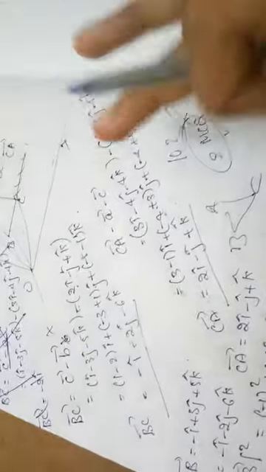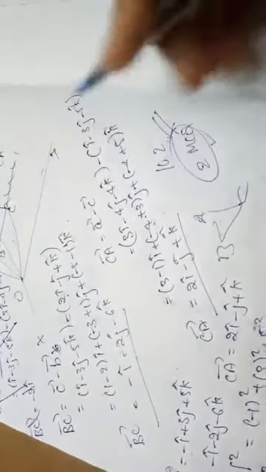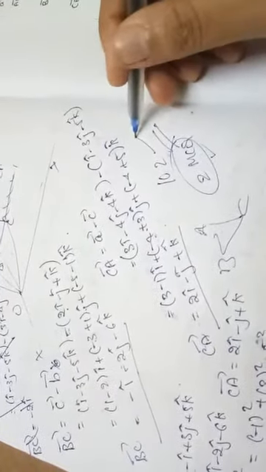So try to go through each and every question, which is different from one another, not at all the same. The questions may look similar, but the way of solving varies from one question to another. So all the questions here are important. The 10.2 exercise is important. So go through each and every question.